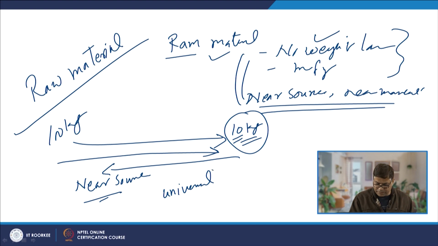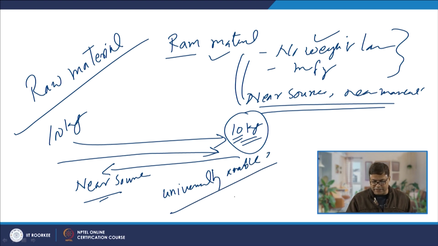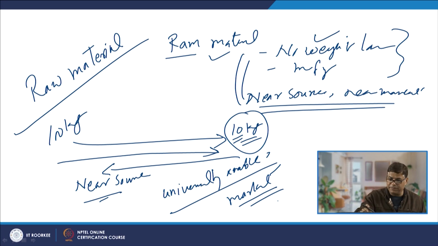In that case the plant can be located anywhere, there is no limitation. So, basically when we have the flexibility of locating the plant anywhere, it is located close to the market, so that the transportation cost to the market is reduced and access to the customers can be enhanced effectively.